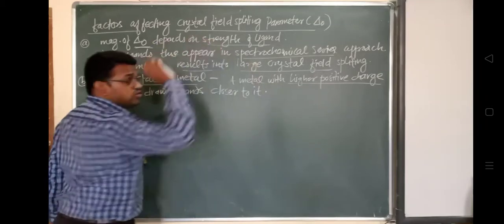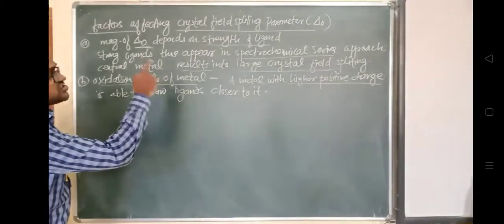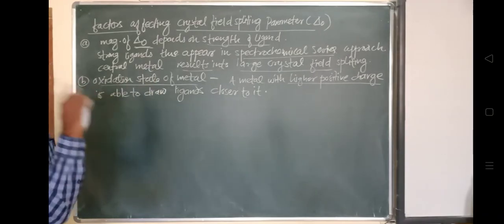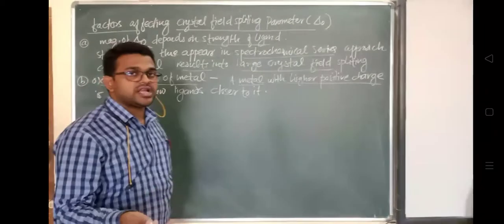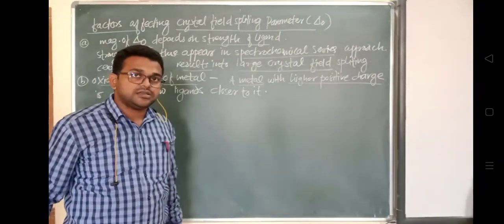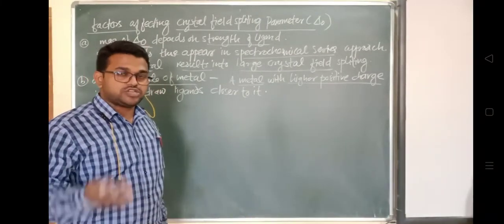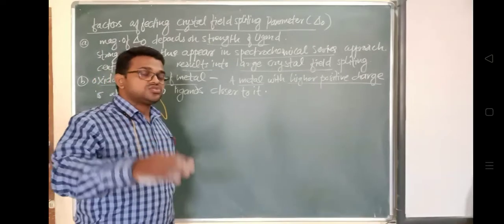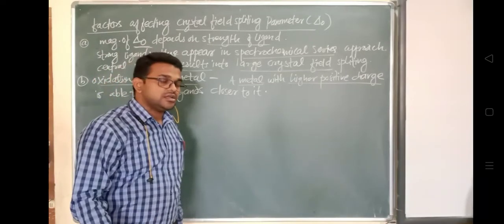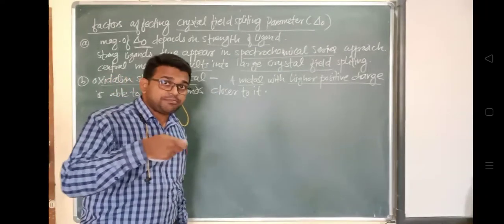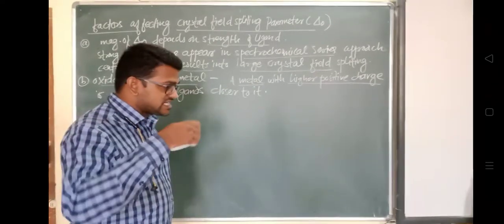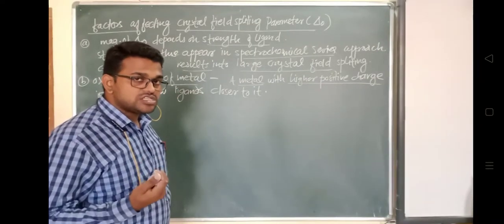How? Because the field strength of the ligand which will act over this metal will be greater. Why greater? Because the oxidation number of the metal ion is very high. The central metal has a higher oxidation number, and as it has a higher oxidation number, its capacity to accept electrons from the donor atom is very high.